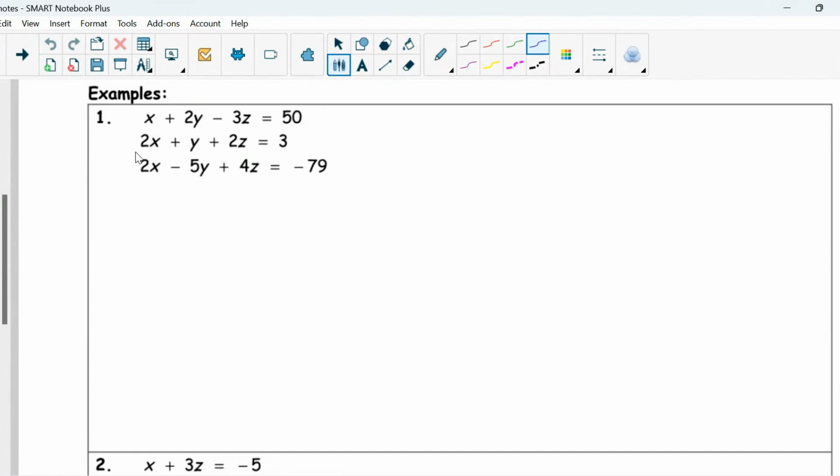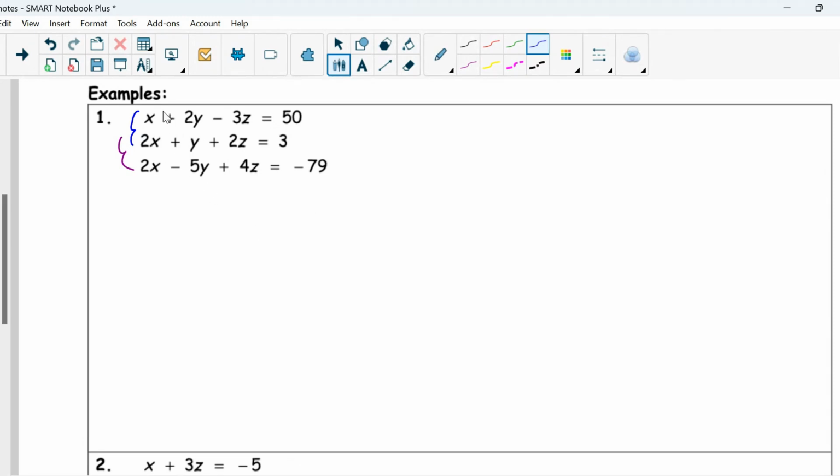So in order to eliminate our x values, we need to break this up into two separate parts. We need to do an elimination using our top two equations, and then elimination using our bottom two equations. So don't pay attention to our third equation for now.